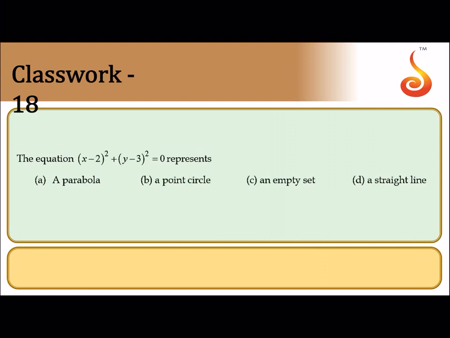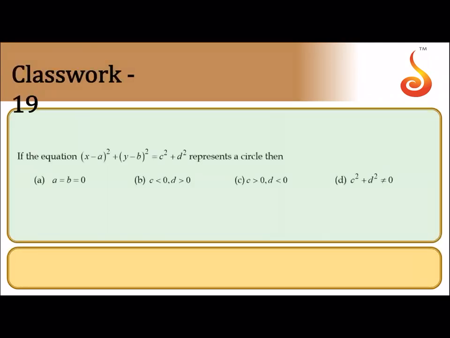Example 18. The equation represents (x minus 2) squared plus (y minus 3) squared equal to 0. Clearly it is a point circle, so radius is equal to 0. Option B is correct.